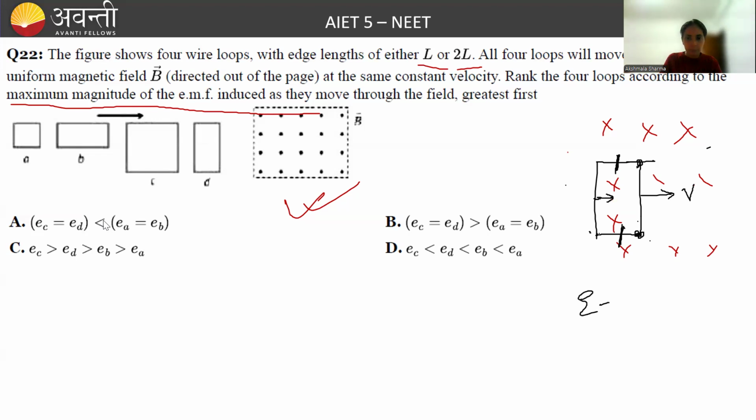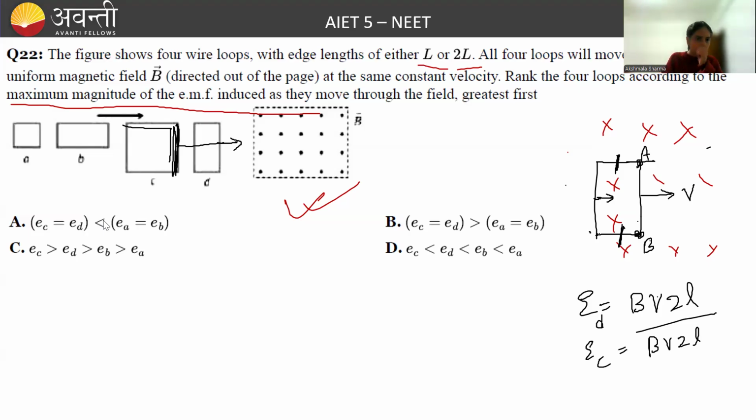So here EMF induced will be only across end AB, and this will be equal to BV times this length. So this length is l2. Similarly for this, if it starts going inside, then only because of this end there will be EMF induced, same B V l2. So EMF induced will be same for loop D and loop C. Now, if you talk about loop B, then as B enters, it will look something like this.